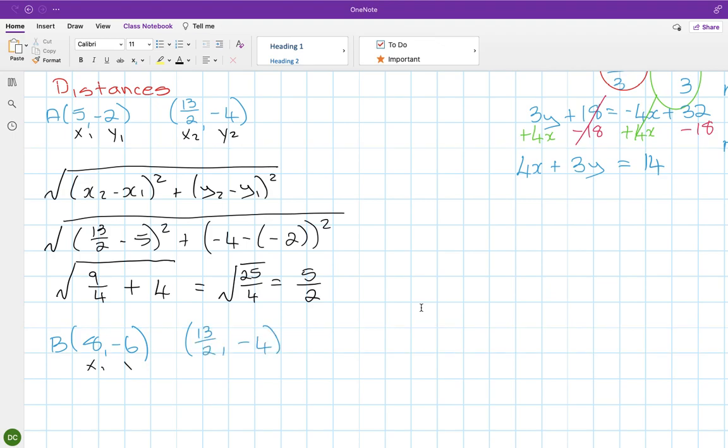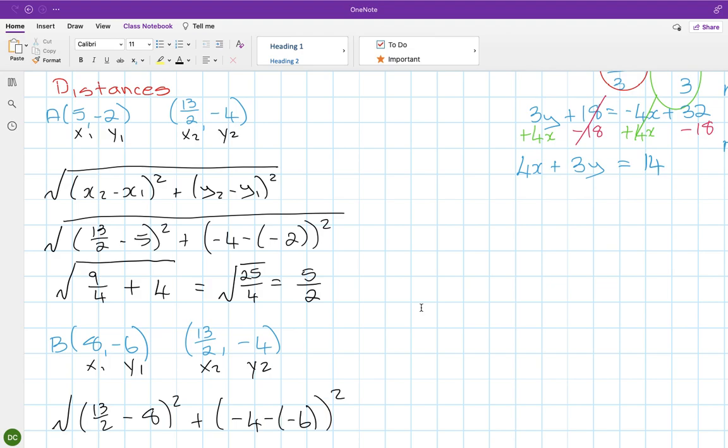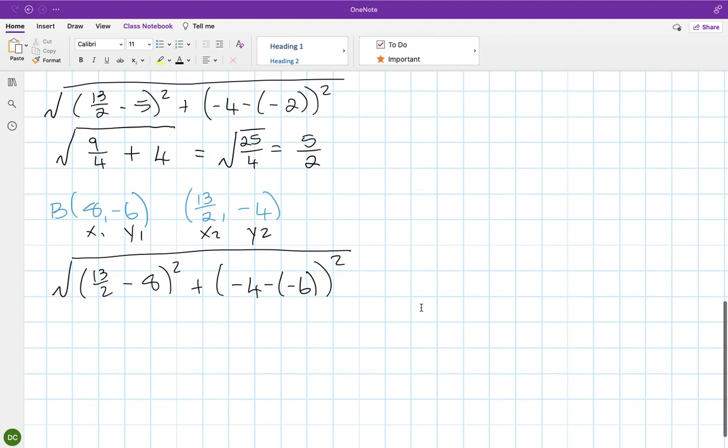I'm not going to write the formula again because it's just above. So 13 over 2 minus 8 squared plus minus 4 minus minus 6 squared, and finish off my square roots.